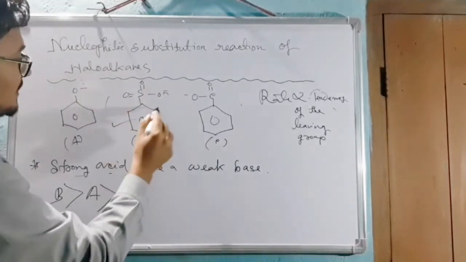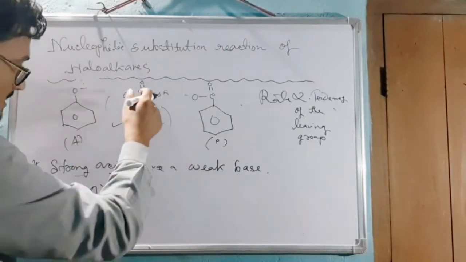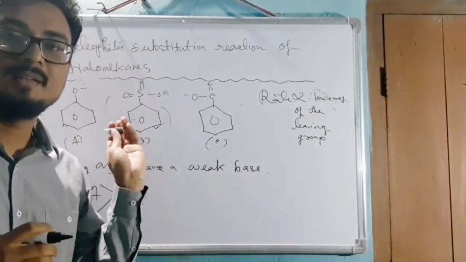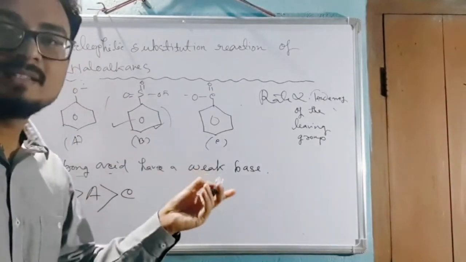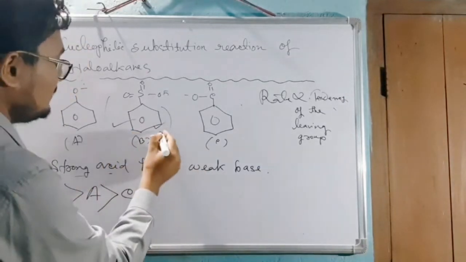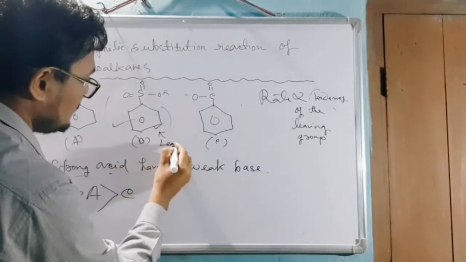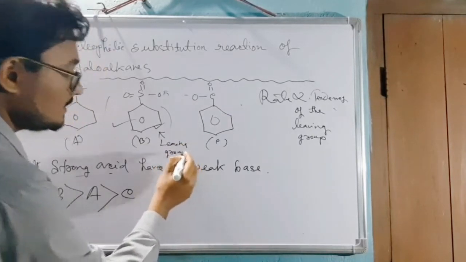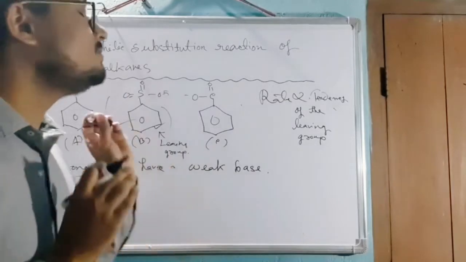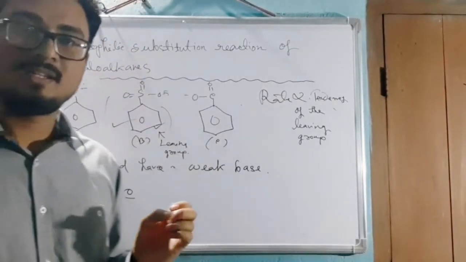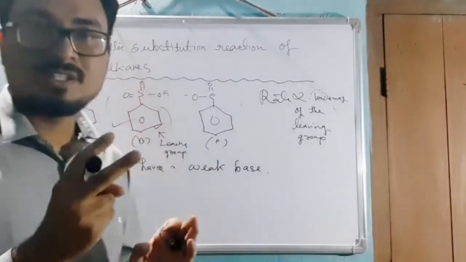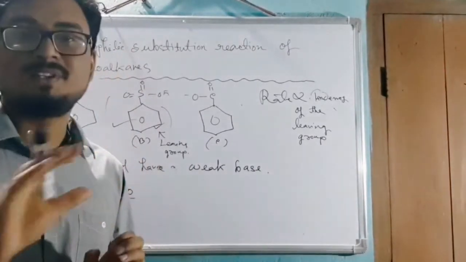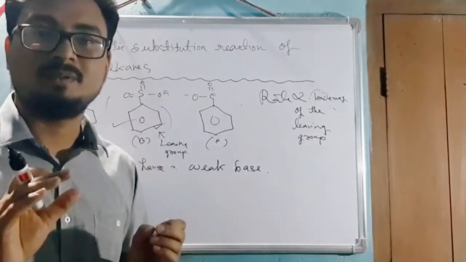So benzene sulfonic acid is a strong acid, so it is a weak base, and due to weak base it is a better leaving group. Is the leaving group concept clear to everyone? These two concepts are very important: most stable anion, better leaving group; weak base, better leaving group.